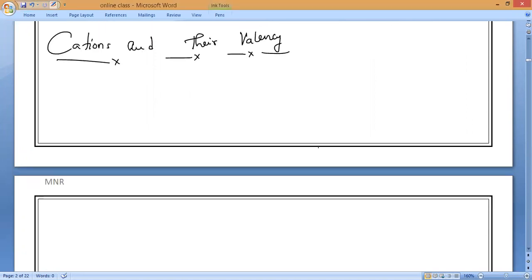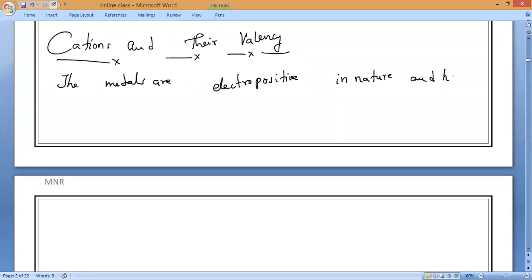So remember, the metals are electropositive in nature, right? The metals are electropositive in nature and have valence electrons, 1, 2 or 3 electrons, in which shell, guys?